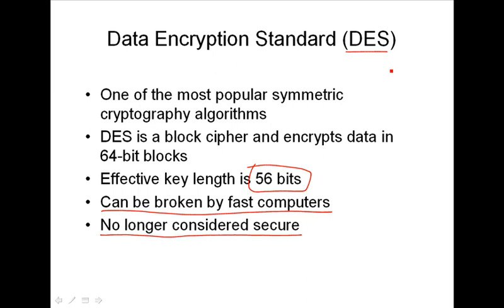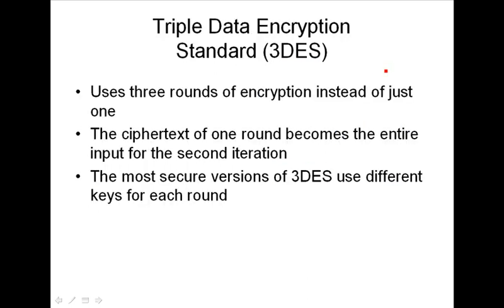So DES is not a good idea. It has been improved with something called triple DES. If you're wondering what happened to double DES, it's only slightly better than the original DES due to some idiosyncrasy in the algorithm, so it's not going to be used. Triple DES does 3 rounds of encryption instead of just 1.